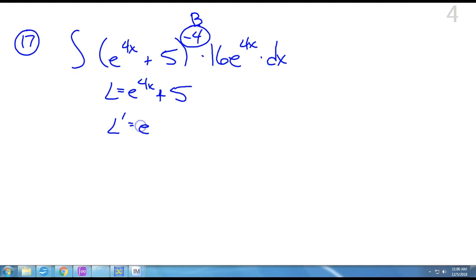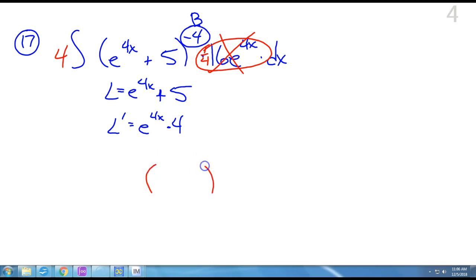So then the derivative would be e to the 4x times 4, because you got the chain rule piece. Well, I have e to the 4x times 16. So I need to multiply this by 1/4, because that'll make that 4, which will make this go away. And if I put a 1/4 on the inside, I got to put a 4 on the outside. And then the big guy's a power again. So add 1, multiply by the reciprocal.